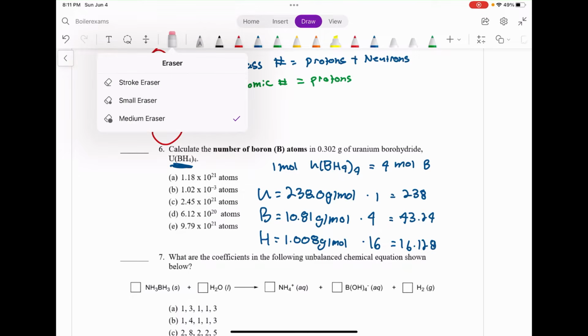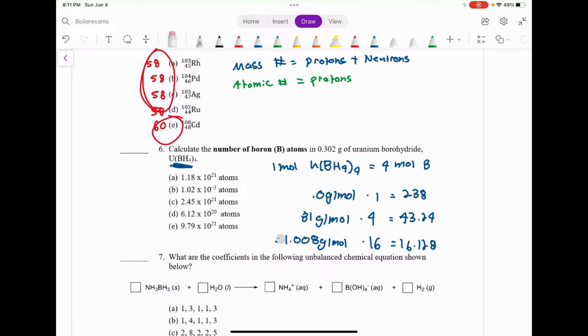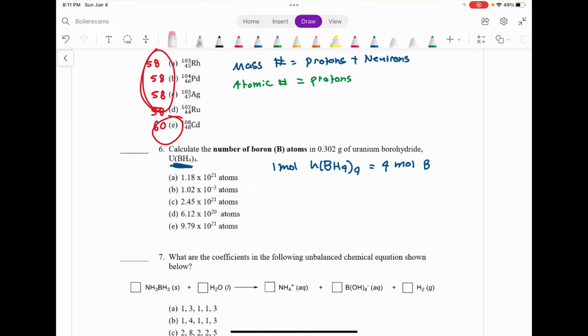Okay. I'm going to erase this now. In 1 mole of uranium borohydride, we have 297.368 grams in 1 mole. Okay. And we know we have this many grams of it.